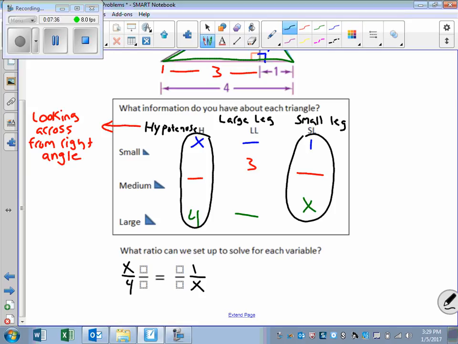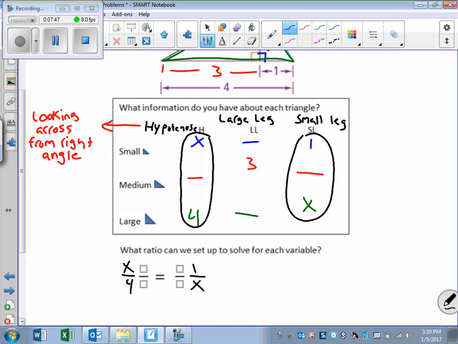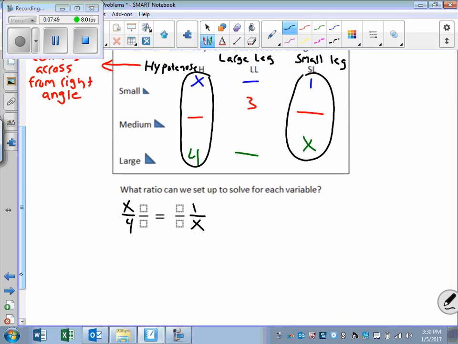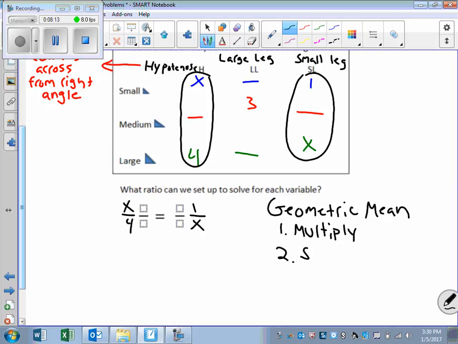Now, we have a ratio with a variable on both sides. We can use something that we learned in the last unit to help us solve for this. We're actually going to use the geometric mean here. So again, for geometric mean, you first multiply the numbers together, and then second, take the square root.